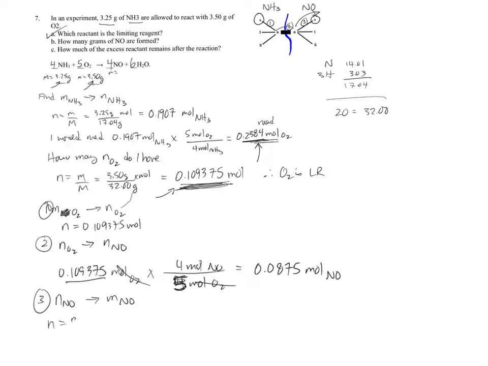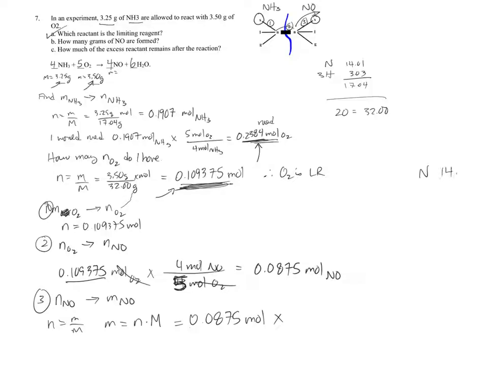Formula, moles is mass over molar mass. Mass then is moles times molar mass. So the moles are 0.0875 moles times the molar mass of nitrogen monoxide. I think I just did that.